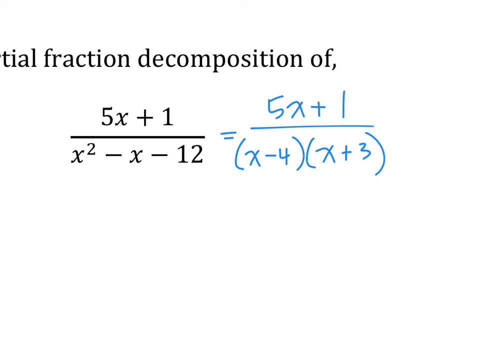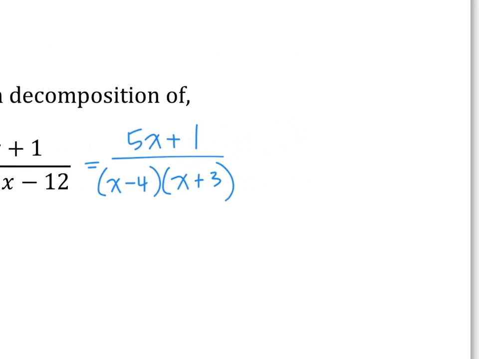So a good guess is that each factor will have its own fraction. Remember, what we're doing right now is guessing. We don't know, so we're making our best guess.